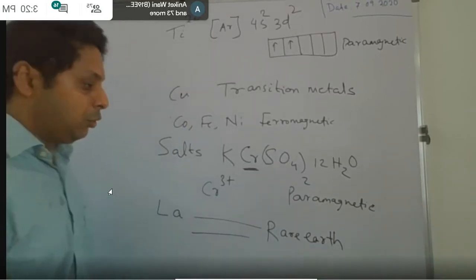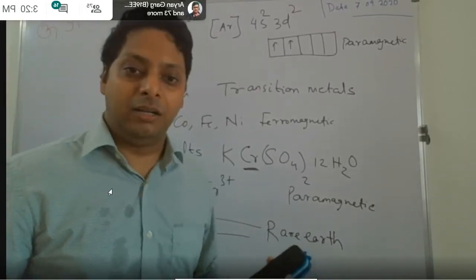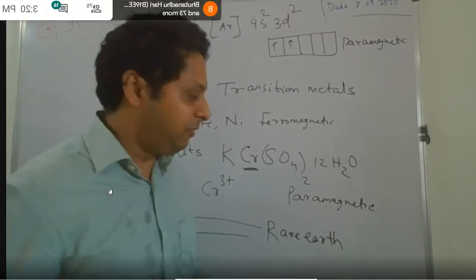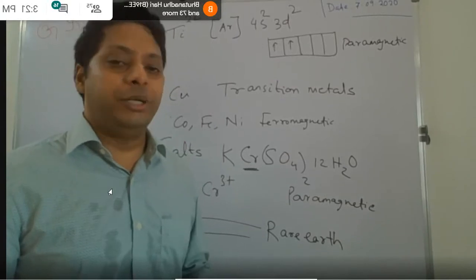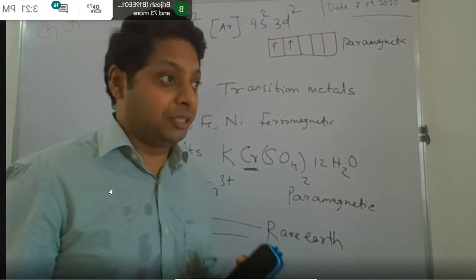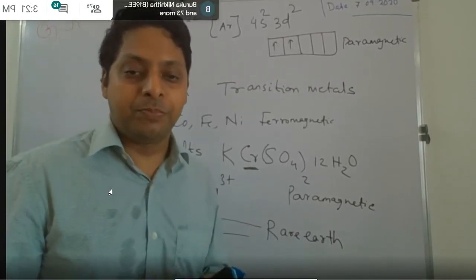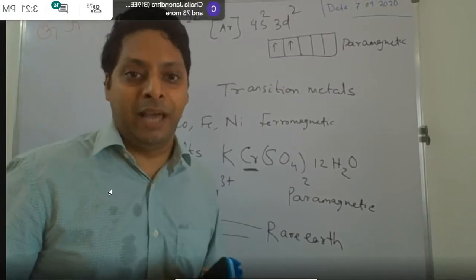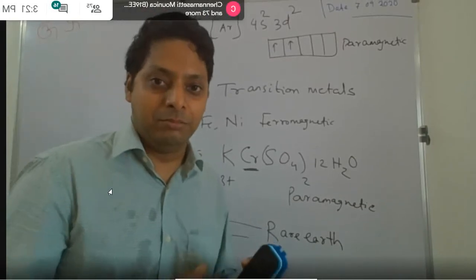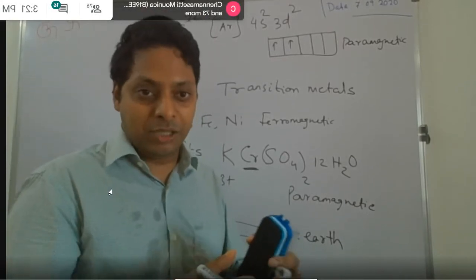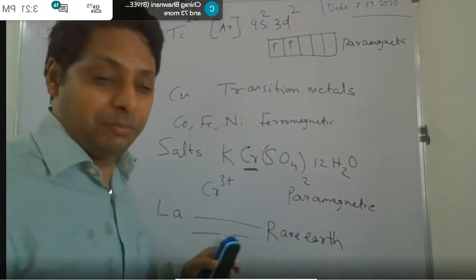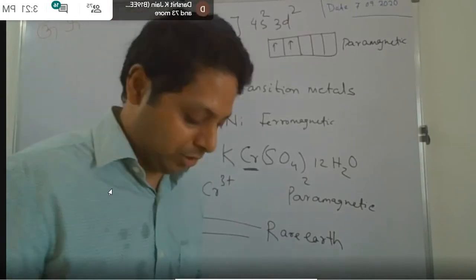So why rare earth? It's not that they are truly rare, but relatively rare, difficult to find in nature, and also difficult to extract and separate, because they are very similar in terms of their chemical behavior. That's why they are called rare earth. And nowadays, in fact, many of these materials are actually rare, not so easy to get.